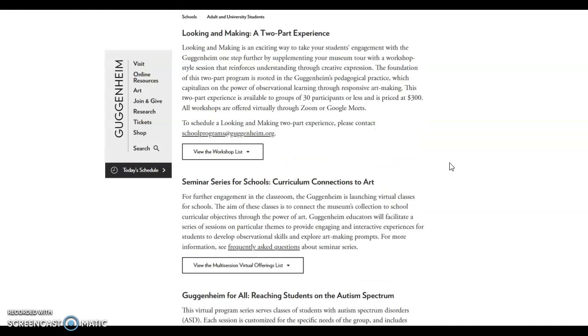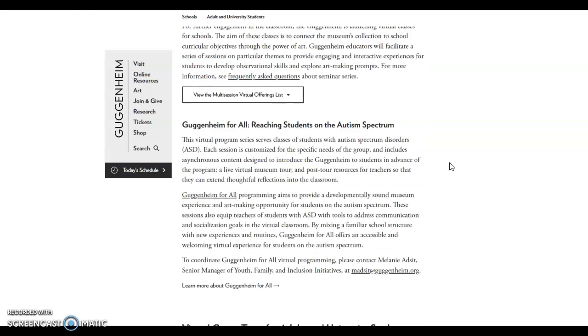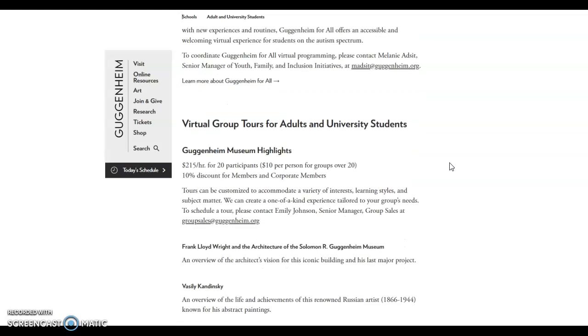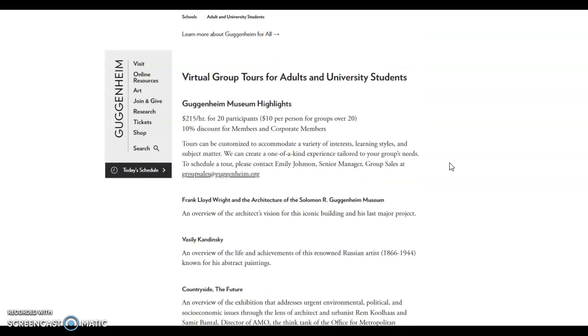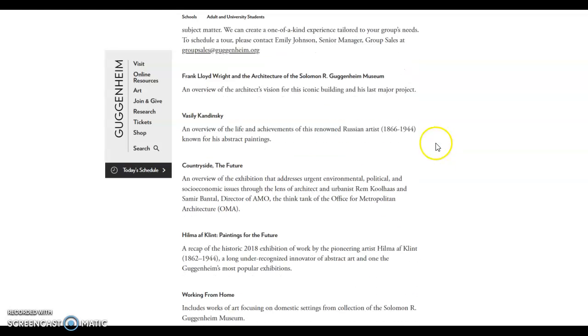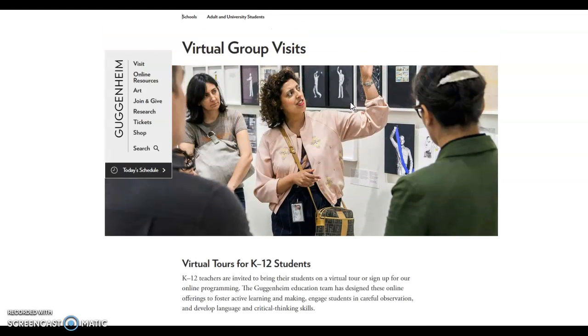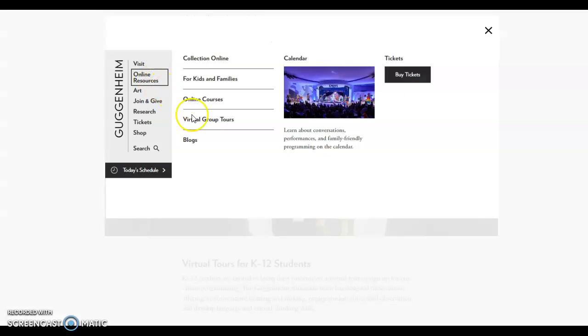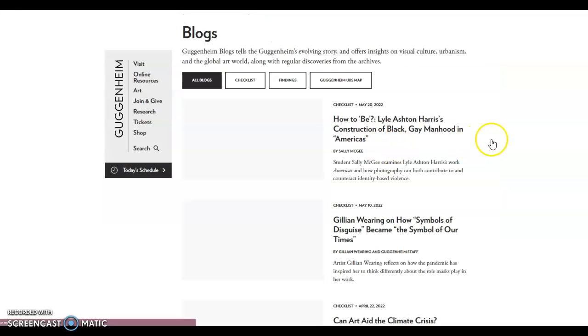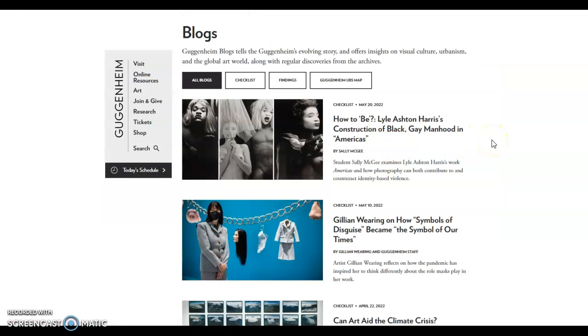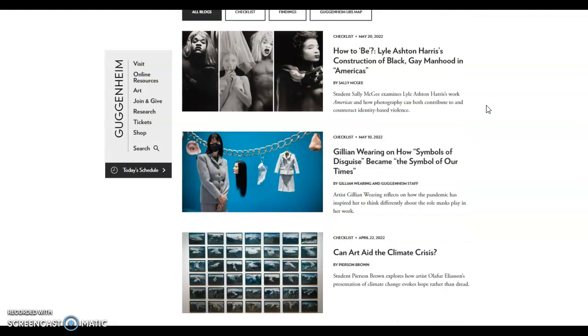You can break it up into more than one tour, so they're all different types of exciting benefits for this year. Like I said, there's the virtual tour groups and then the blogs. I think we went over that there, or actually these are some differences here. So you have your checklists, findings, Guggenheim maps.